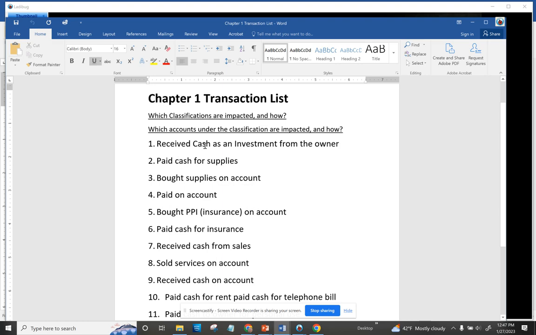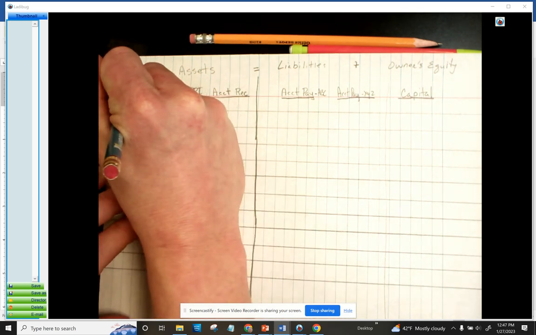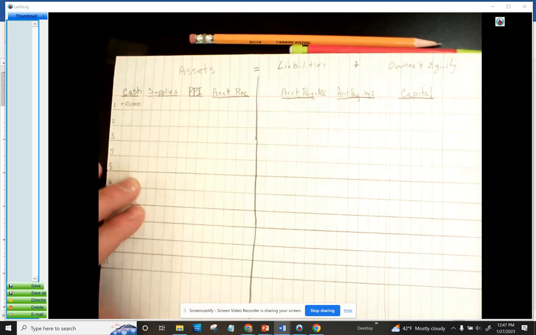The first one we're going to do is receive cash as an investment from the owner. I'm going to go under the document camera. If we receive cash from the owner as an investment, that would make our cash go up. Let's just say it was $10,000.